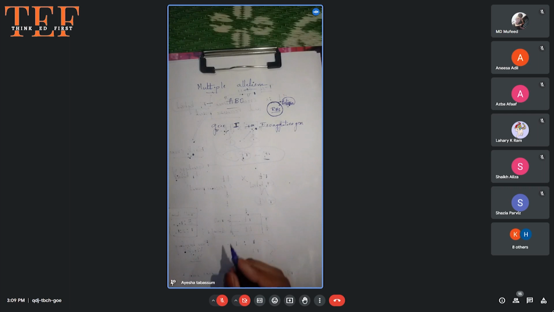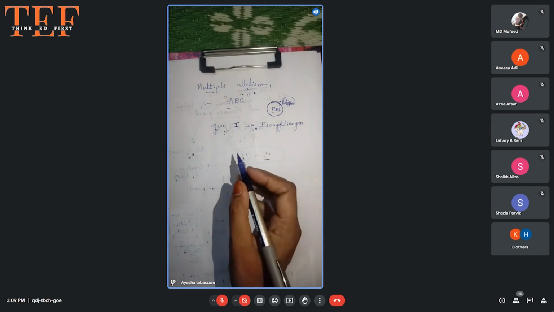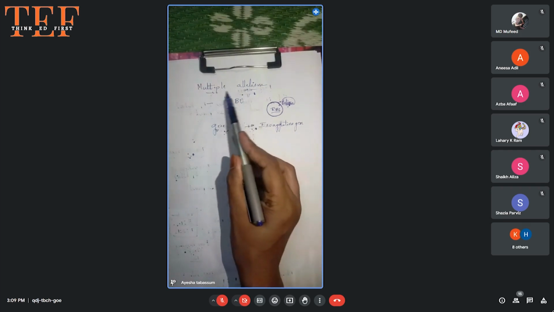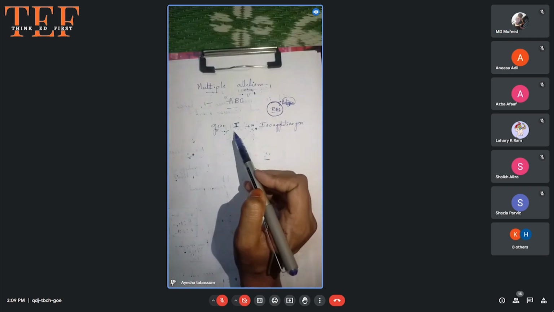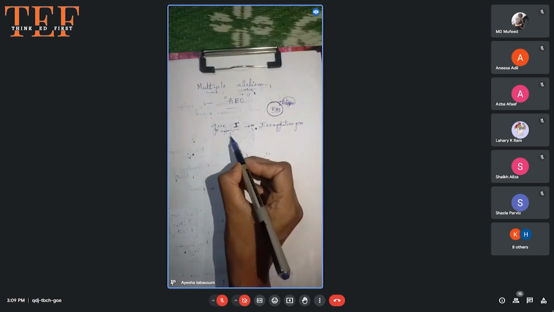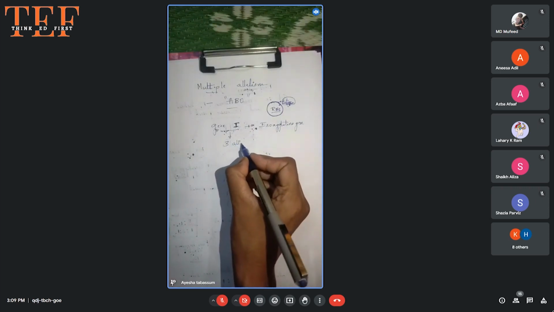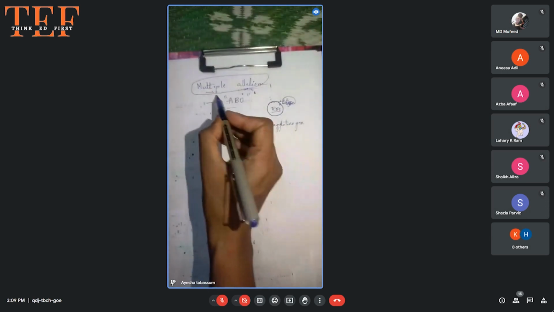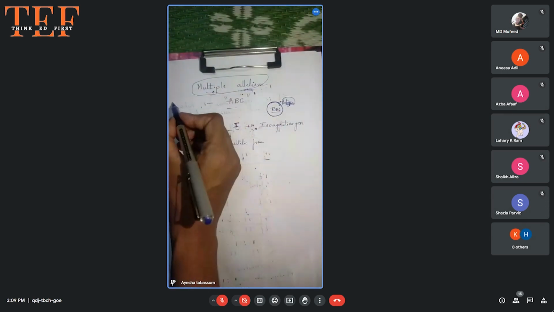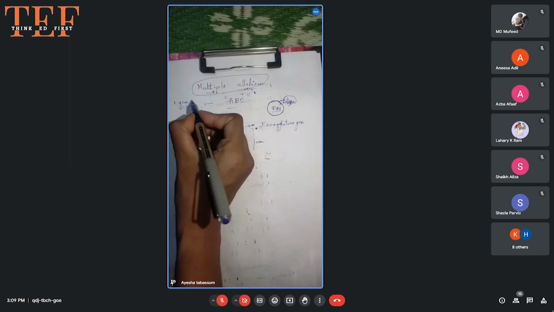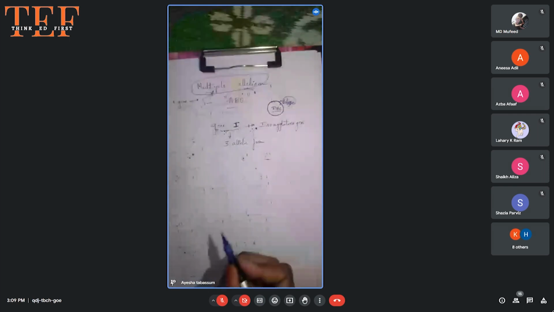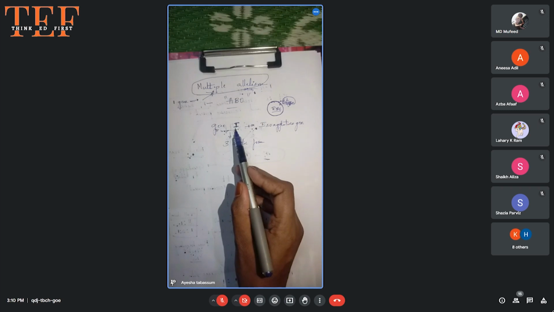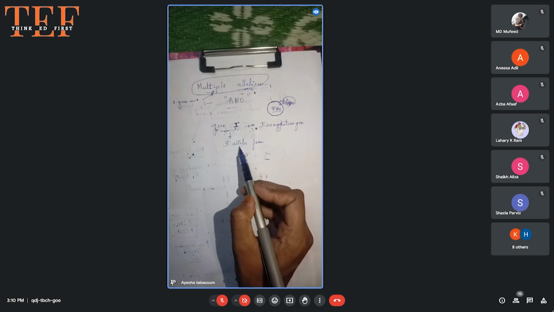Now this gene I should have many alleles. That is the concept of multiple allelism, right? One gene should exist in multiple allelic forms. Now this gene I is expressed in how many allelic forms? 3 allelic forms.